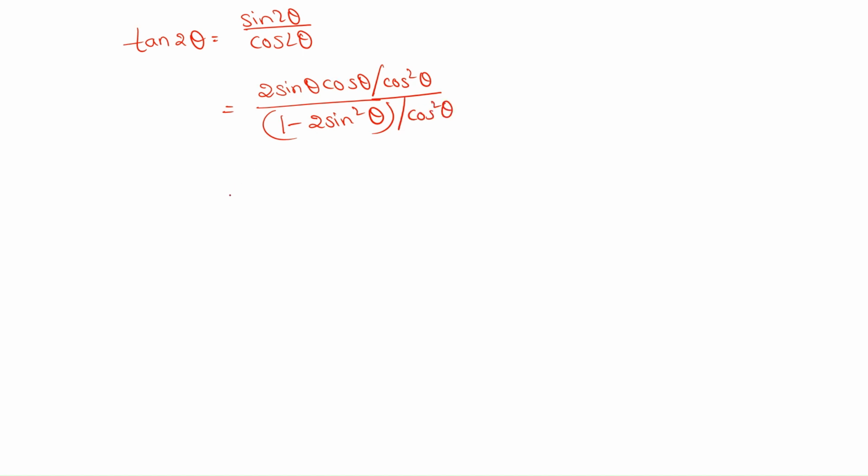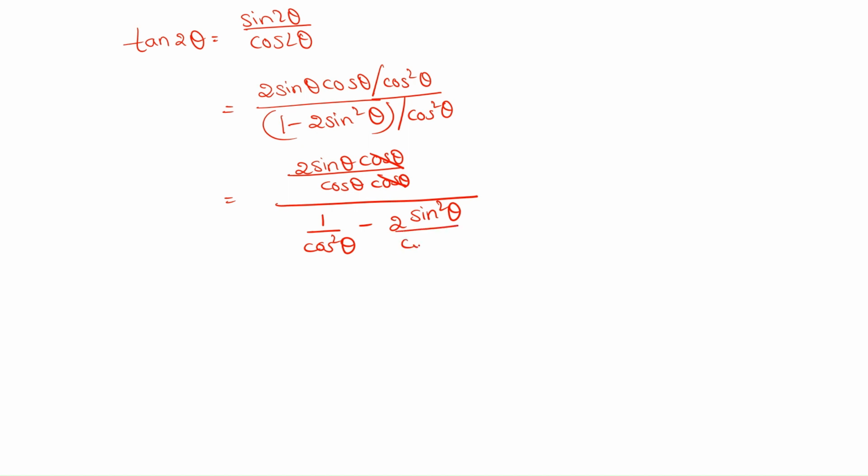Now we'll do it like this. The numerator first, 2 sin theta cos theta. Cos square theta is nothing but cos theta into cos theta. So these two will get cancelled out and we will have 2 sin theta divided by cos theta in the numerator. In the denominator, 1 by cos square theta minus 2 sin square theta divided by cos square theta.